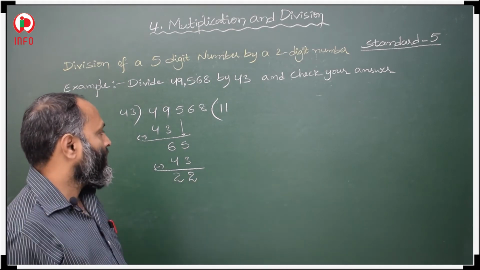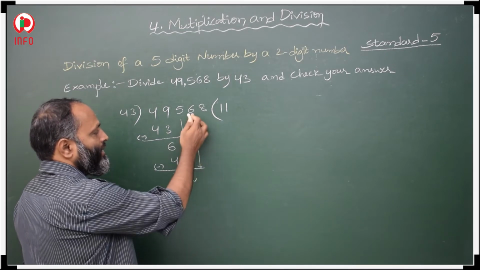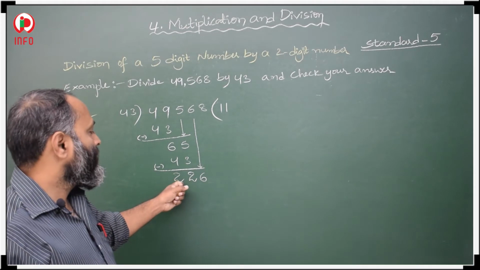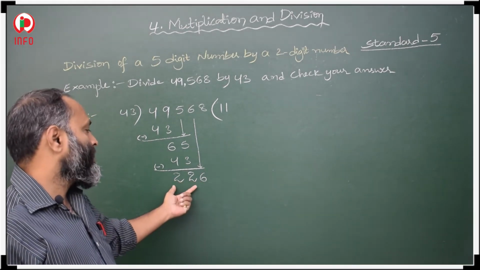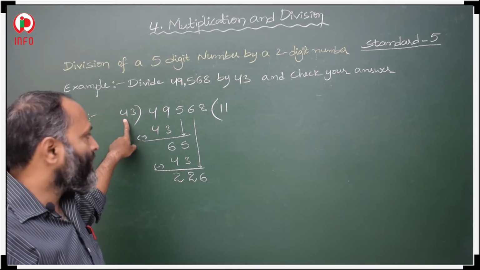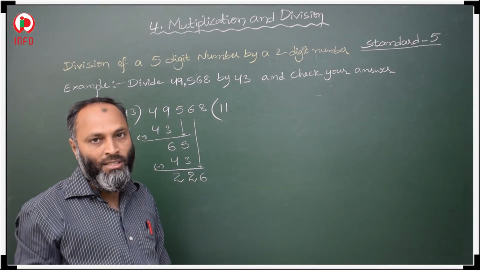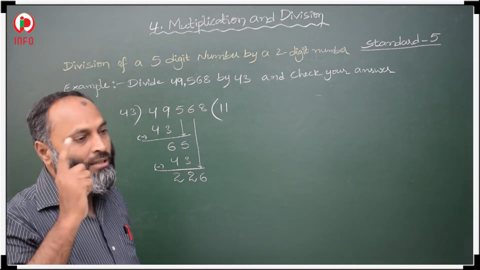Then after minus, again we have to copy the next digit. What is our next number? 6. Now what is our number? 226. When will we get 226 in 43? It is difficult to say in the 43 table. Remember, if these types of numbers come, then use your brain.